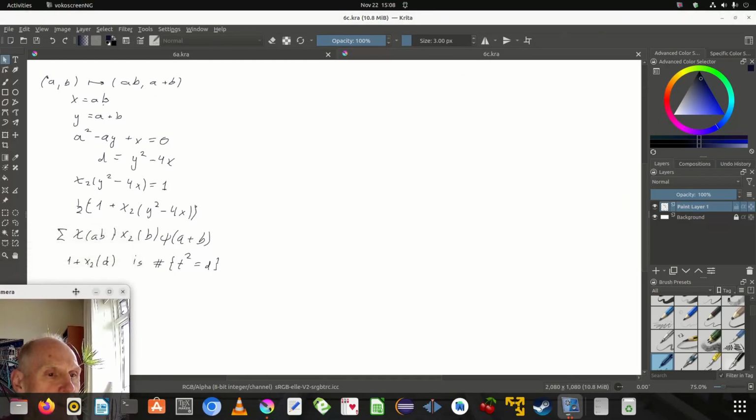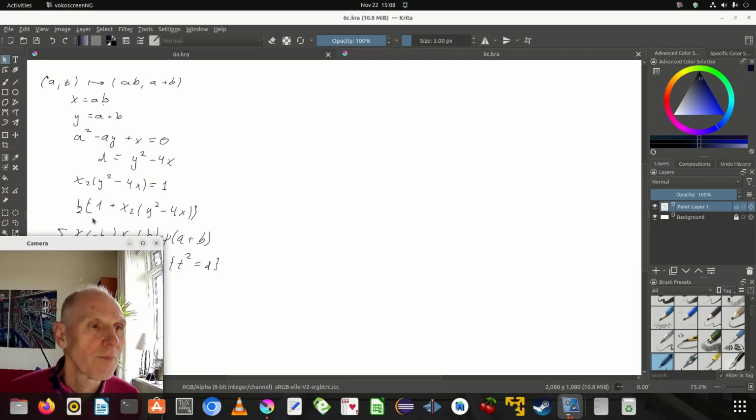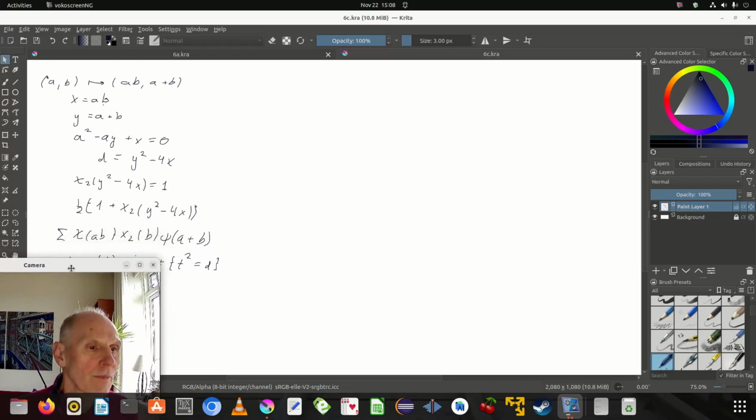So that means the number of solutions when going backwards is 1 plus chi 2 of the discriminant. It's just a question of inserting the ab psi of a plus b.